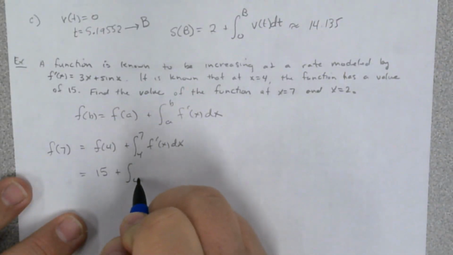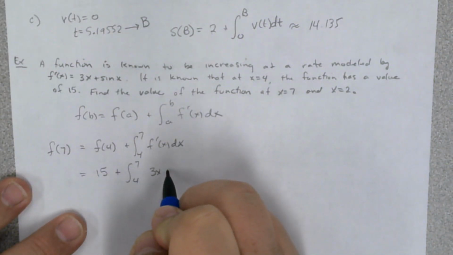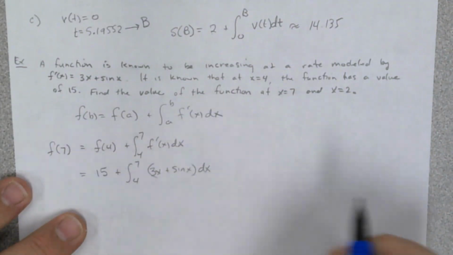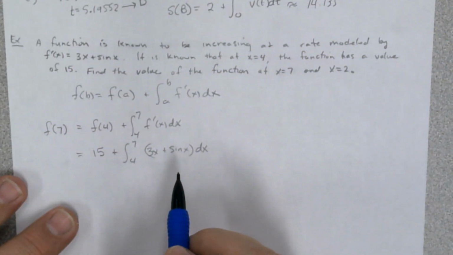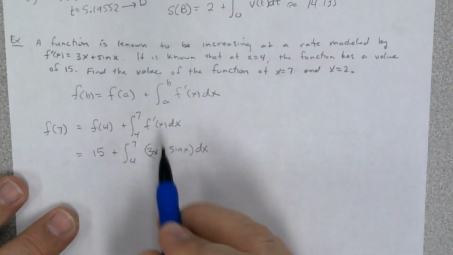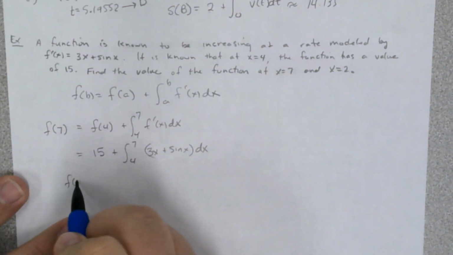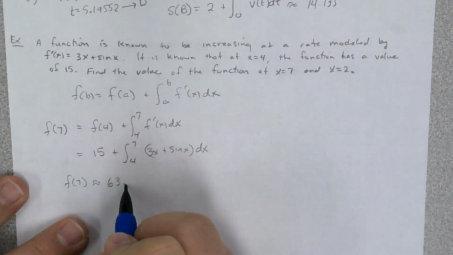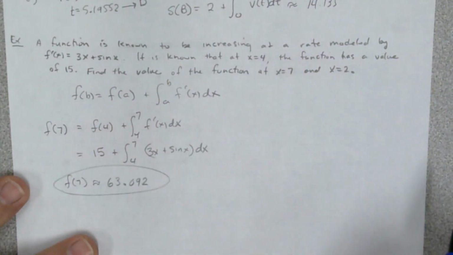We're going to integrate from 4 to 7 this expression, this f prime. And then I can use my calculator for this. You can do it by hand if you wanted to, but it's a sine function, so it's going to give you weird answers anyway. So then I can use the calculator to approximate f of 7. Round your answers always to 3 decimal places, and so then that's f of 7.